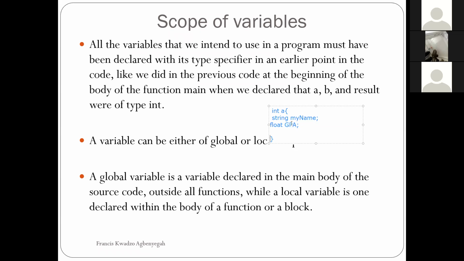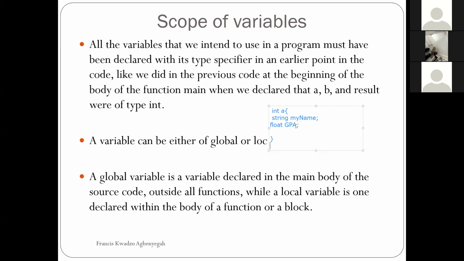Local variable here means that they can only be accessed within this portion. When I come outside this, I cannot access them. Any variable that you declare outside this curly bracket will be termed a global variable.